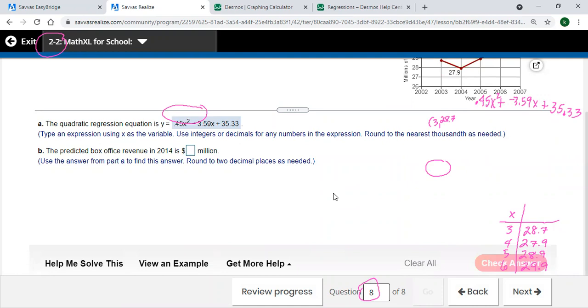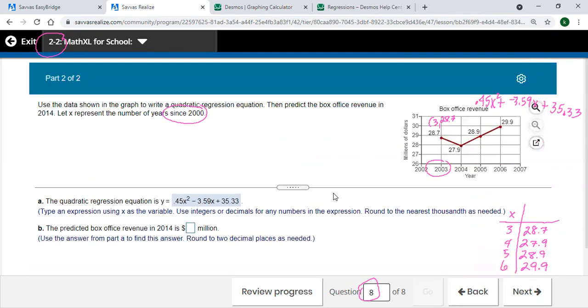All right, B. The predicted box office for 2014 will be how much then? So for this, what we do, for 2014, remember X was the number of years after 2000. So we're going to use X here if we're doing 2014 of 14 and put it into that formula. So I've got my formula written here.